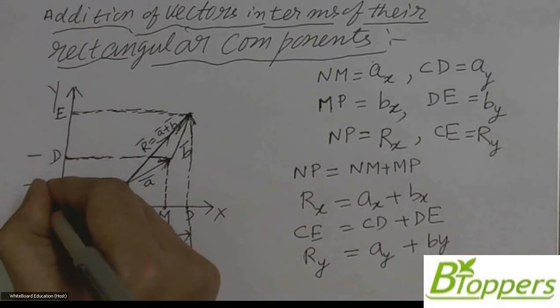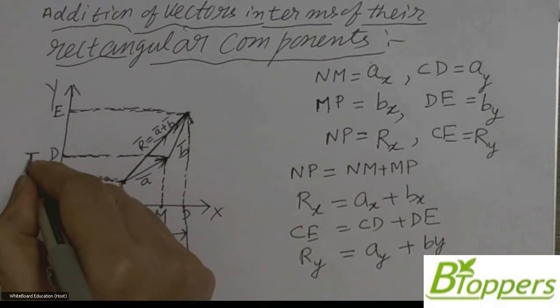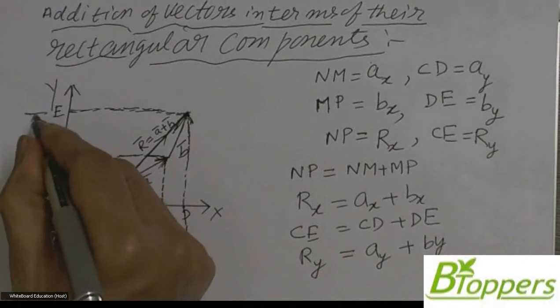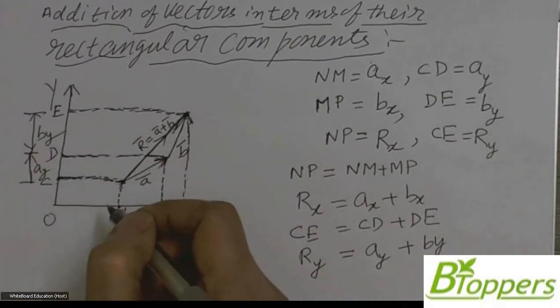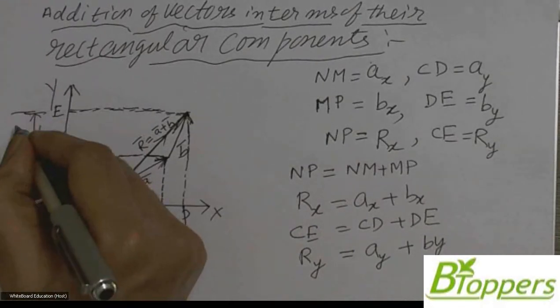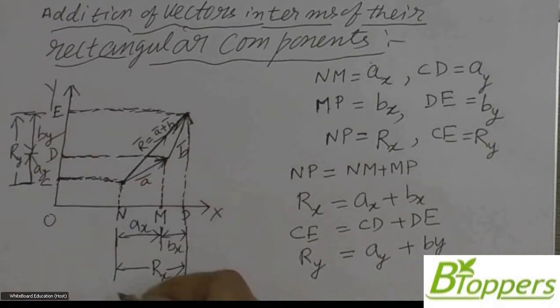That means this length in the diagram gives you Ay and this length gives you By, and this length from here to here gives you Ry.